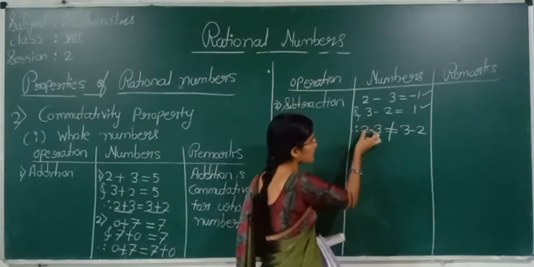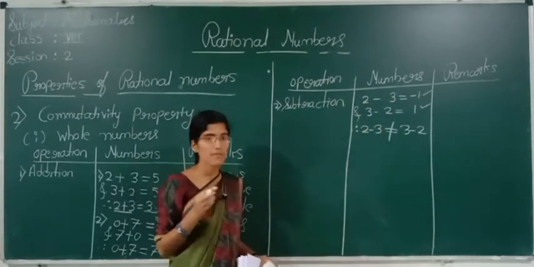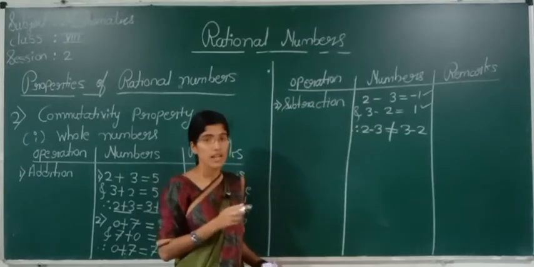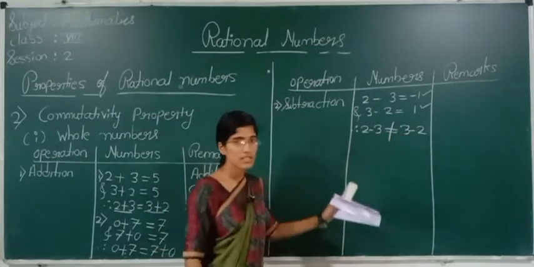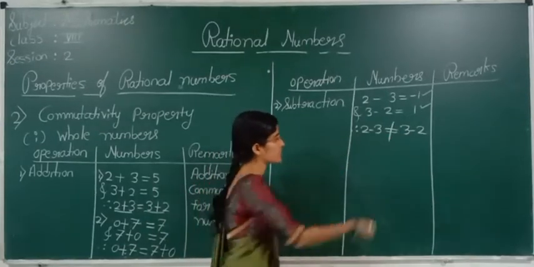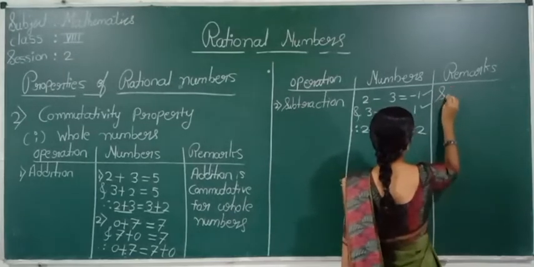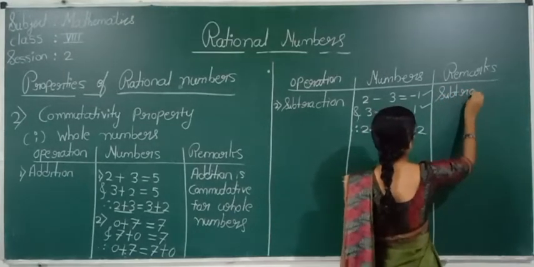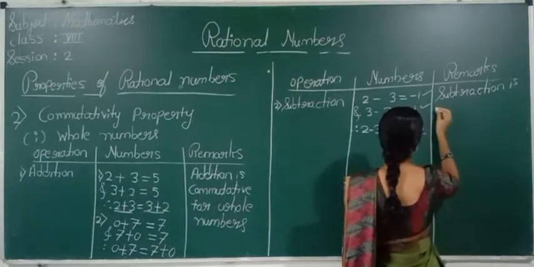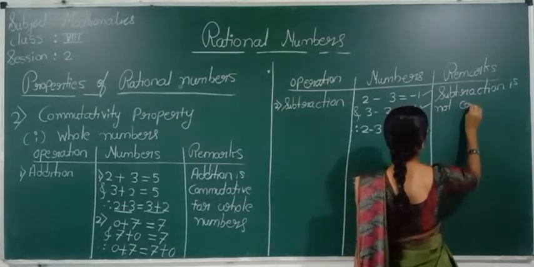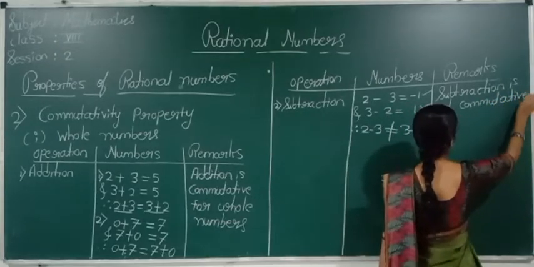Here, if a and b are two whole numbers, then a minus b is not equal to b minus a. Here it is not giving the condition of equal. Therefore, subtraction is not commutative for whole numbers.